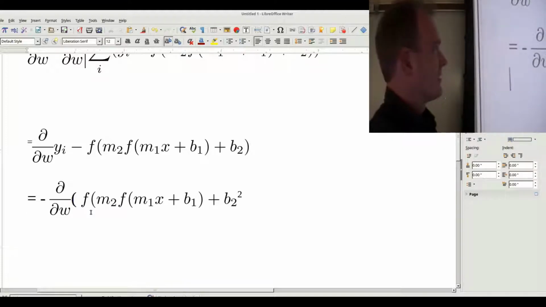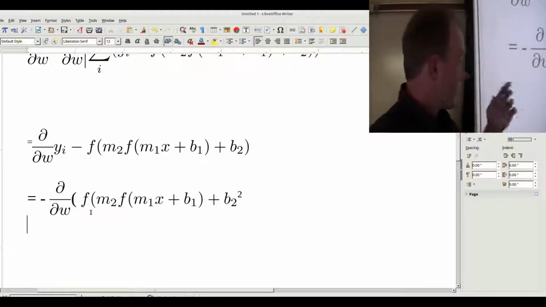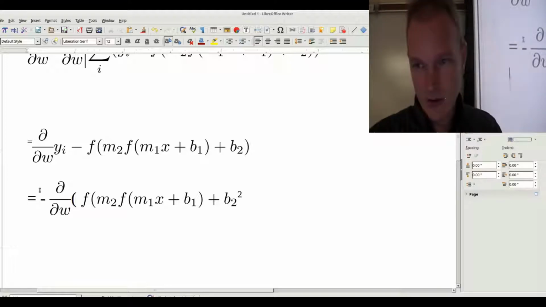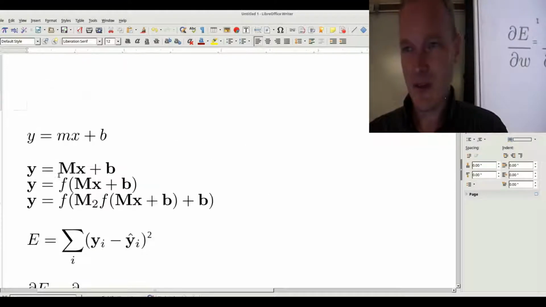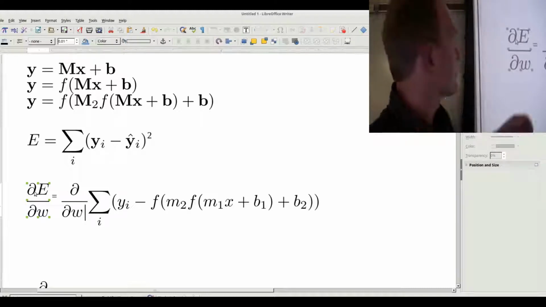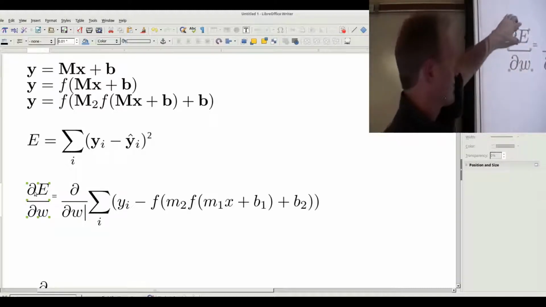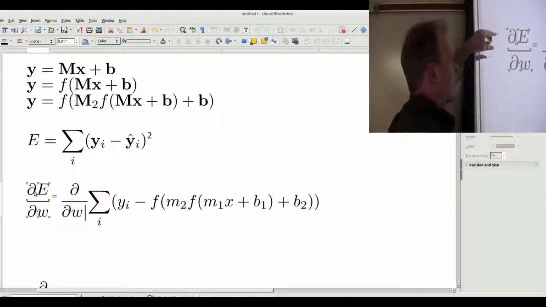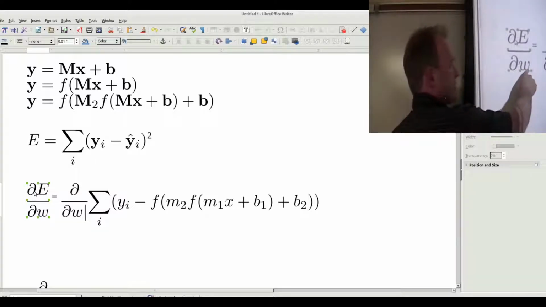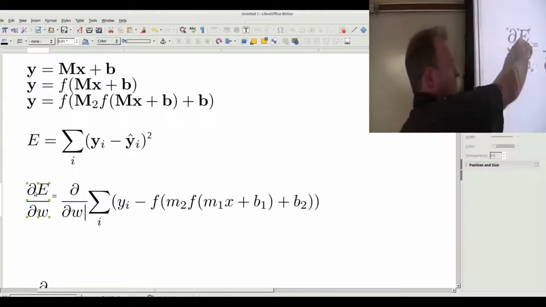Okay, so remember what we're calculating. Assuming I made no other math mistakes that you guys haven't yet caught, and I think I haven't. What we're calculating is the partial derivative of the error function with respect to the weight. This answers the question, if I change that weight positively, how does it positively affect my error?